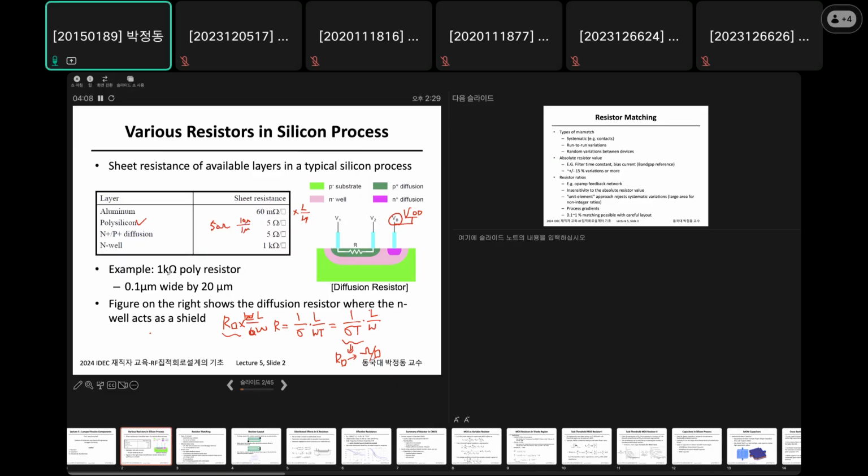For example, if you implement a 1 kilo ohm poly resistor, then you have to make it very thin and wide, right? But if you implement it like this way, is this good? What do you think? This is very bad, right? Because if you draw the polyline like this, then actually the resistivity over here must be quite different from the resistivity over there, right? So we need a good way of drawing to make this sheet resistivity even, right?